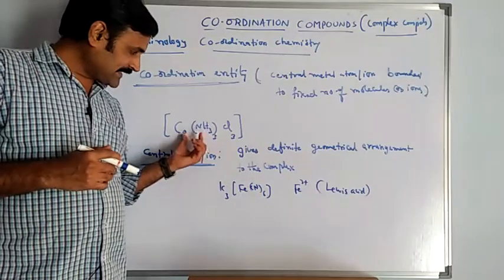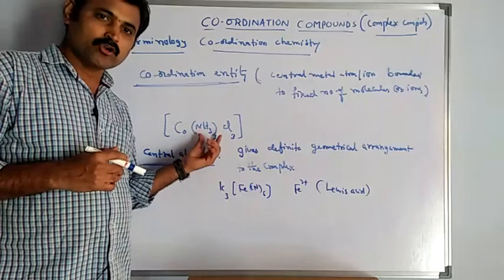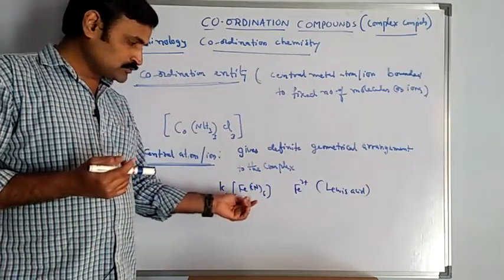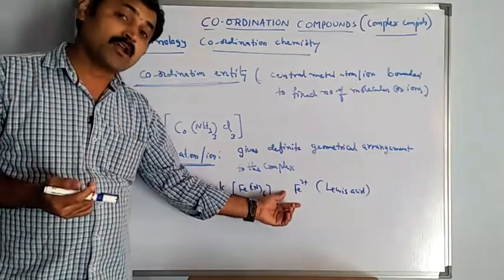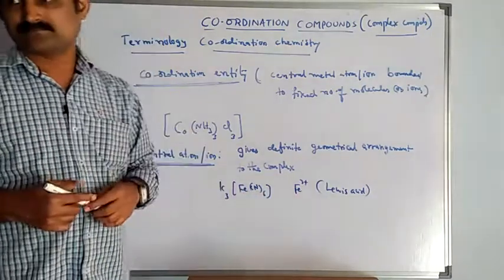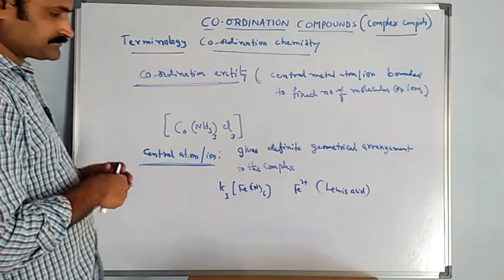Whatever we write next to the central metal, the groups, molecules, atoms, ions, they all try to donate electrons to this central metal atom or ion for stability.